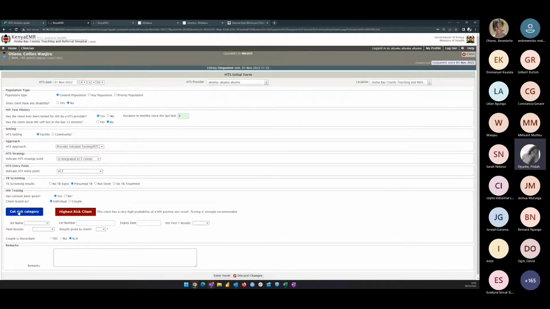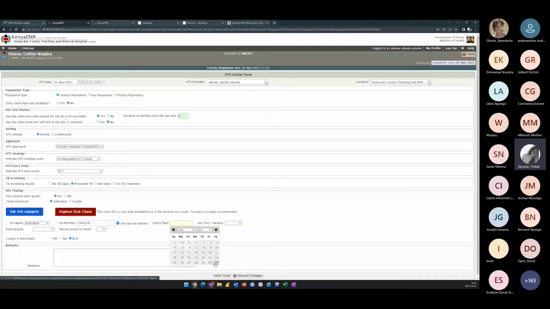From what you can see from my screen, you are able to see the client as a highest risk client. This client has a very high probability of a HIV positive test result, and you're being recommended to test the client. Okay. So from here, you can now proceed to test the client the normal way.